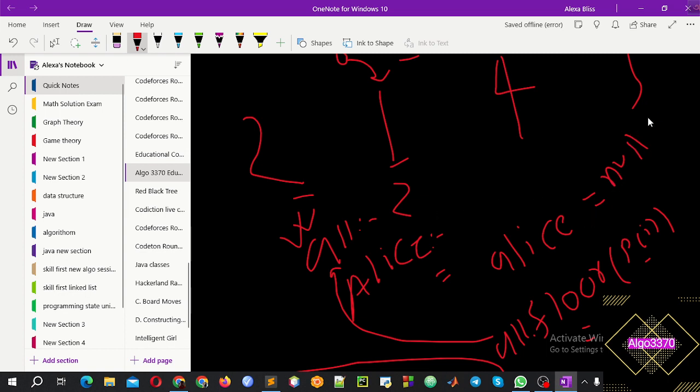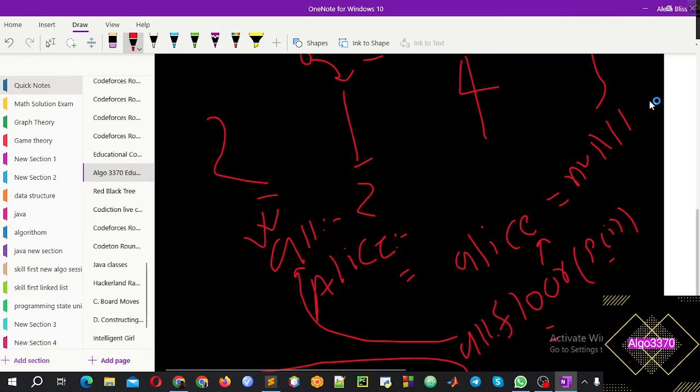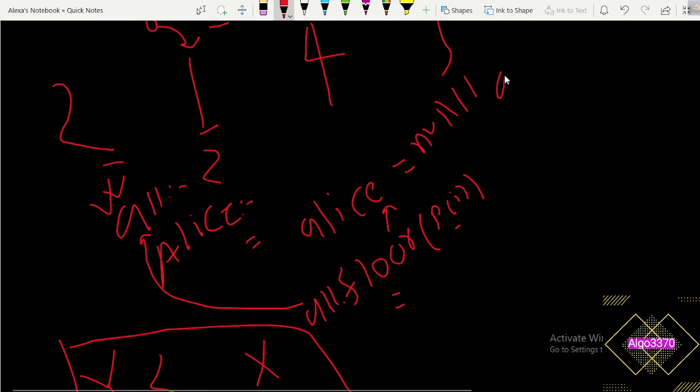Otherwise, which condition do we need to satisfy here? By comparing with this present position, Alice dot floor, we need to check whether Alice took this position as a winning strategy or winning position at the previous time or not.